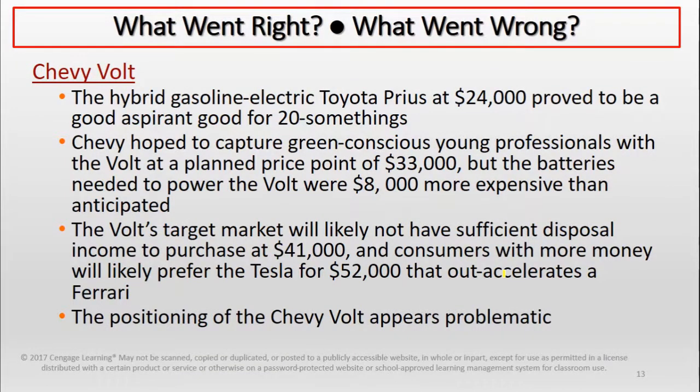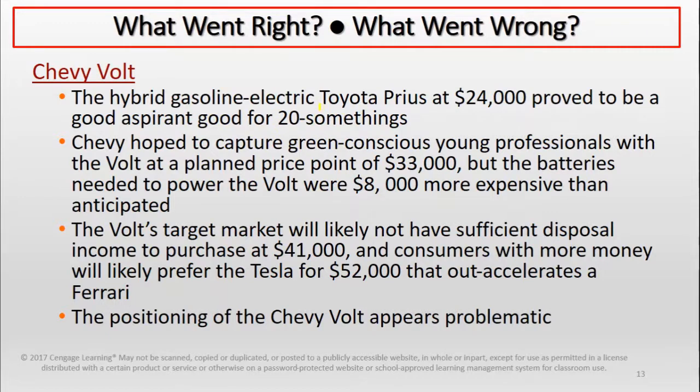Now, this is just an example of things that you need to take into consideration when you are trying to make changes to your organization or sa imuhang mga products nga ibaligya sa imuhang mga target consumers, no? So, for example, here, diba, a hybrid gasoline electric Toyota Prius is priced at $24,000, which proved to be a good aspirant good for something for 20 something.